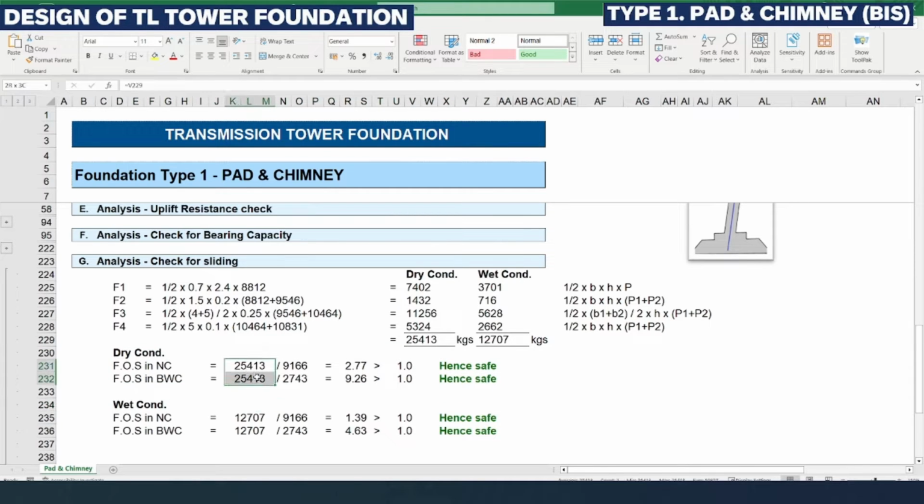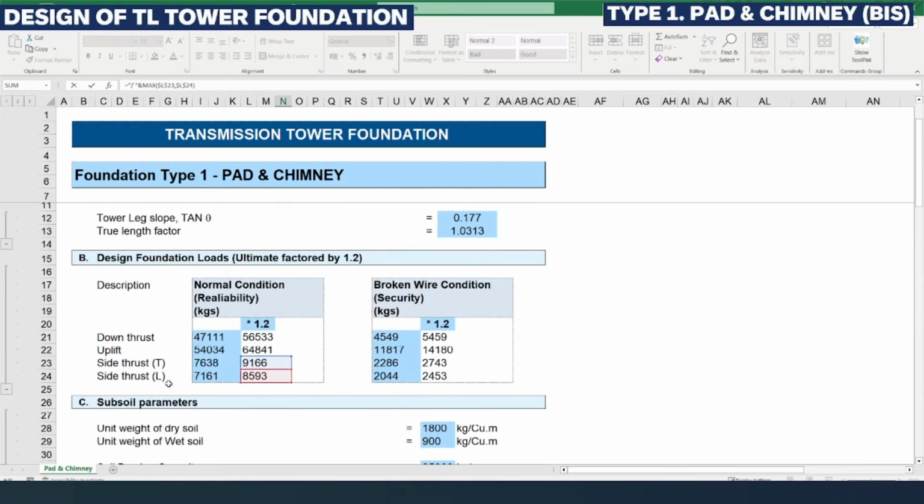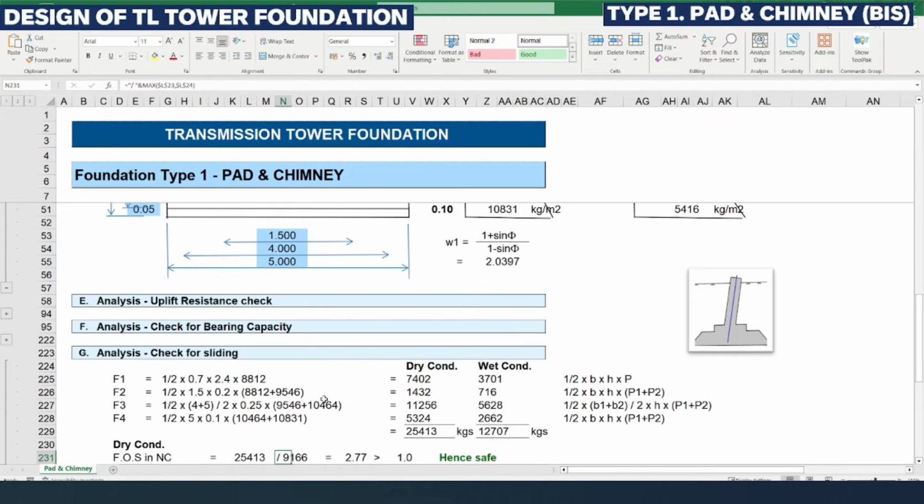So for dry condition, 25413 is the total shear force or passive earth pressure forces, and this 9166 is nothing but the side thrust, maximum of both lateral and transverse side thrust, which is factored.